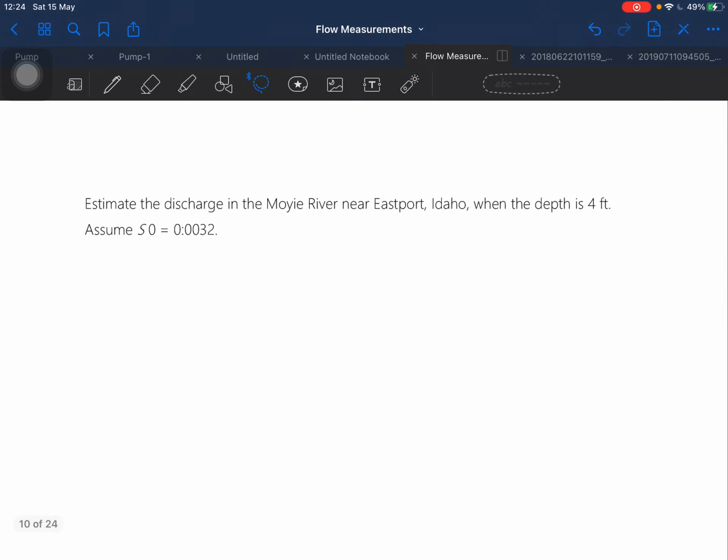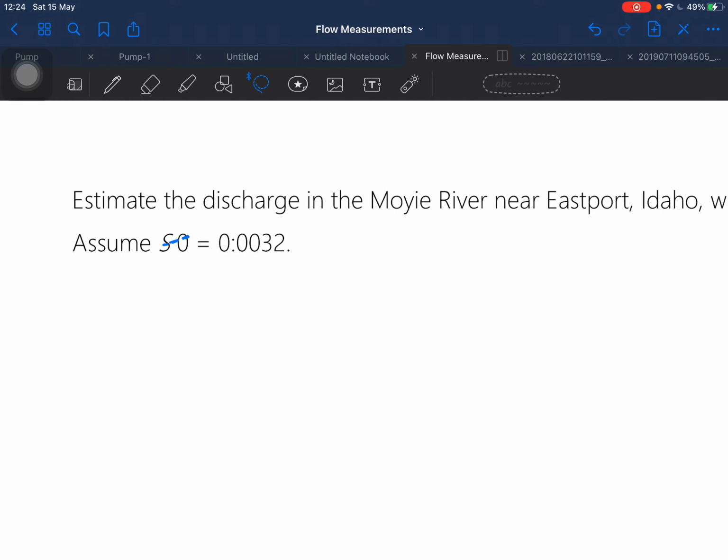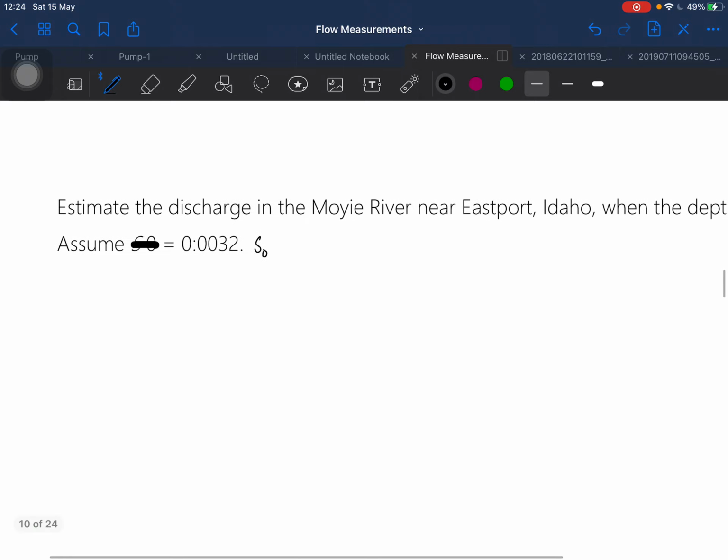Because it's quite short. Okay, so now please estimate the discharge of the Moyie River near Eastport, Idaho, when the depth is 4 feet and I assume 0 point.